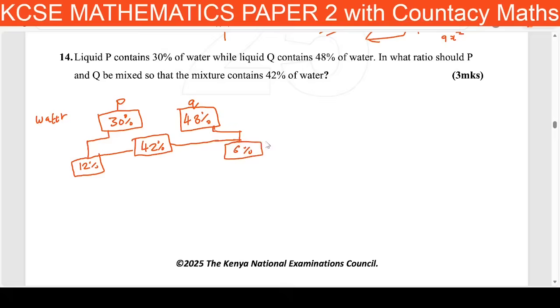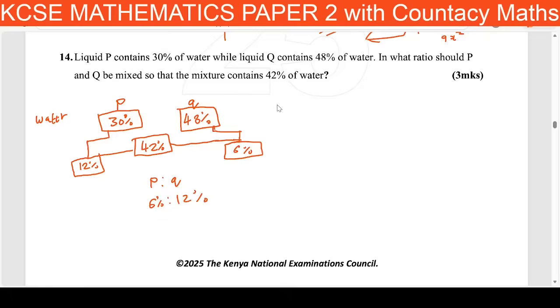So if you want to mix these two liquids P and Q, you'll find the differences and then you alternate the differences. If this is P and Q, what you get here, you alternate. This is 12, then 6. So you alternate. So it will be 6% is to 12%.